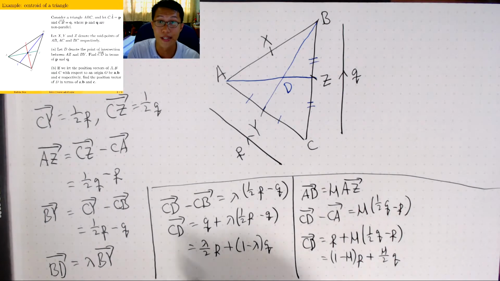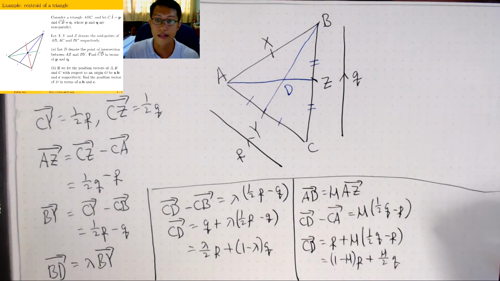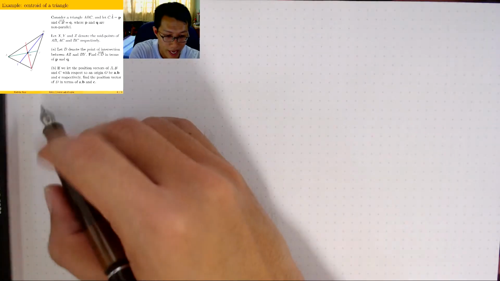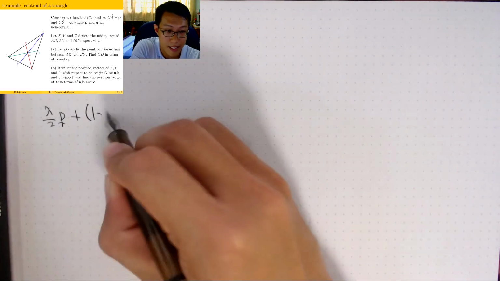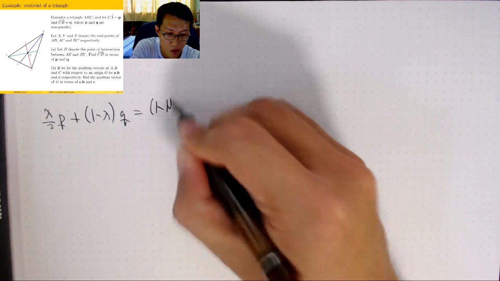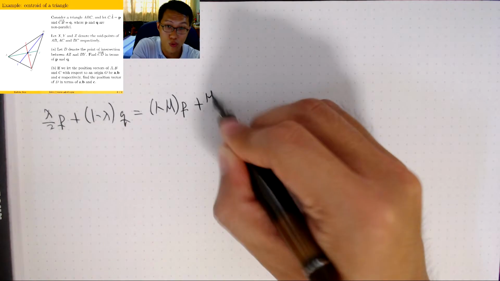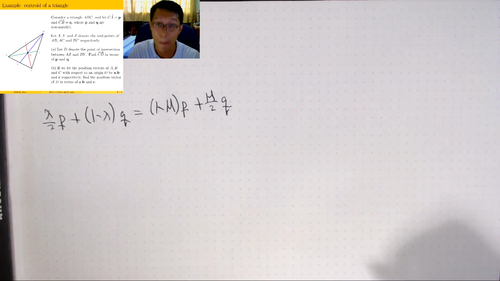So we have two different ways to write CD. CD can be written as lambda over 2 P plus 1 minus lambda Q. CD can also be written as 1 minus mu of P plus mu over 2 of Q. This means that we can equate these two expressions together. So we have lambda over 2 of P plus 1 minus lambda of Q is equal to 1 minus mu of P plus mu over 2 of Q. We are told that P and Q are non-parallel, so we can compare.